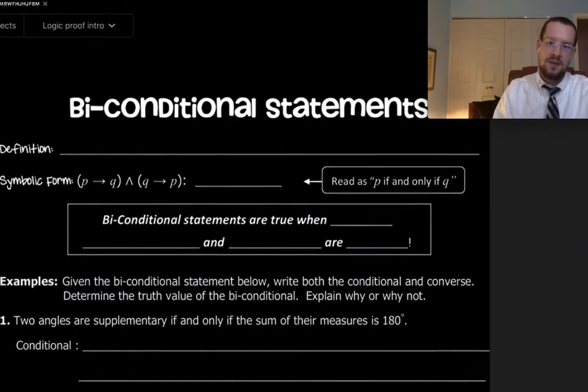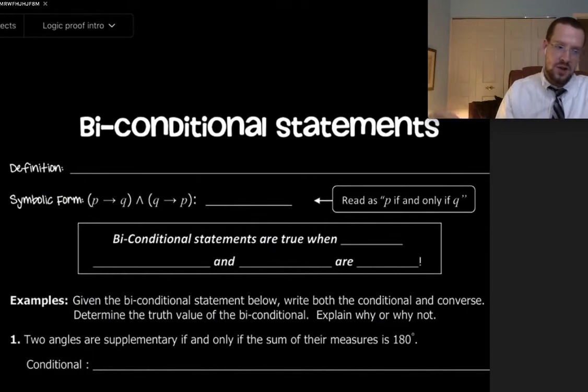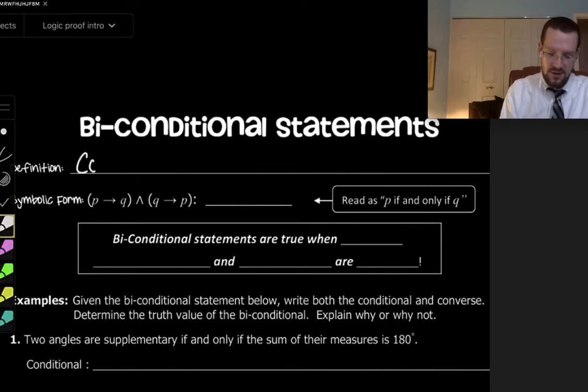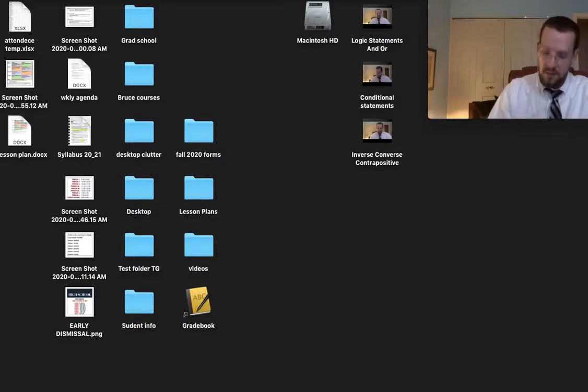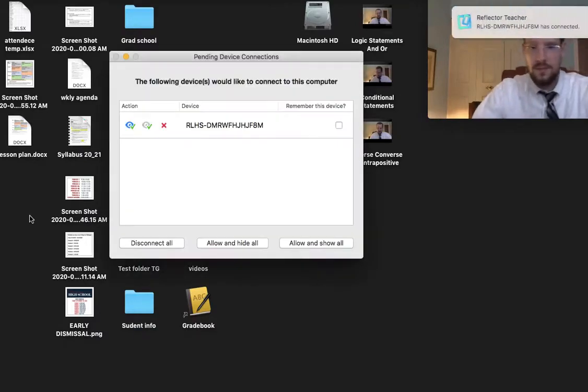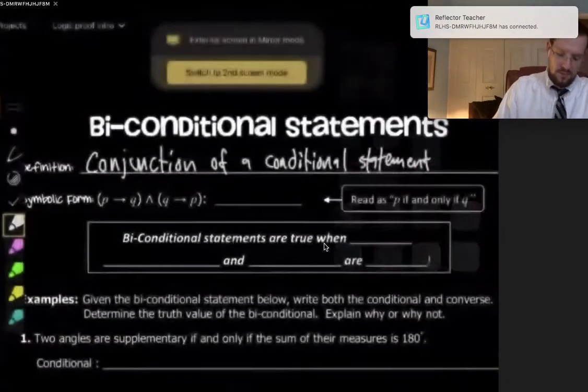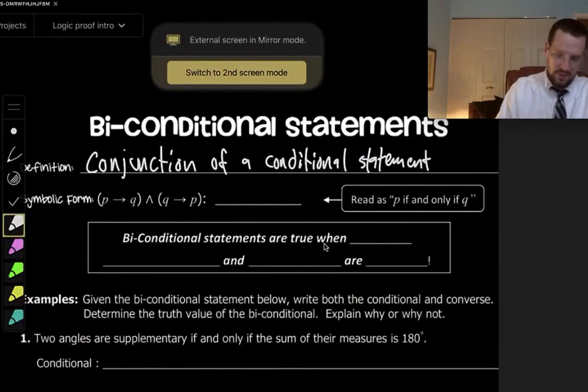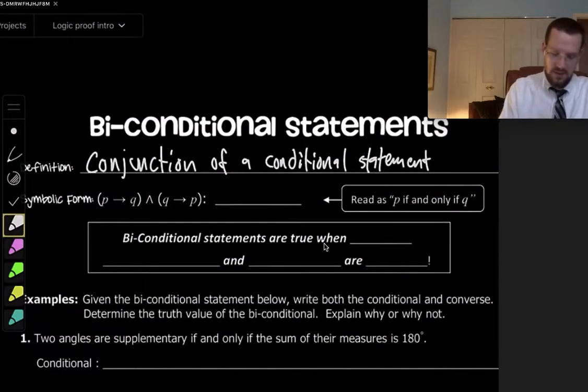The definition of a biconditional statement is the conjunction of a conditional statement and its converse.